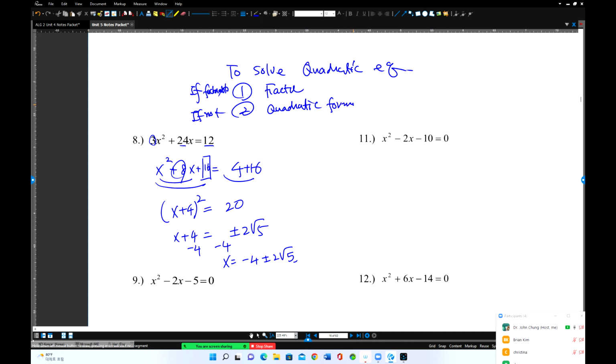That's the formula. Third one, complete the square, okay? Completing the square. Nothing else, okay? Only 3 methods available, okay?